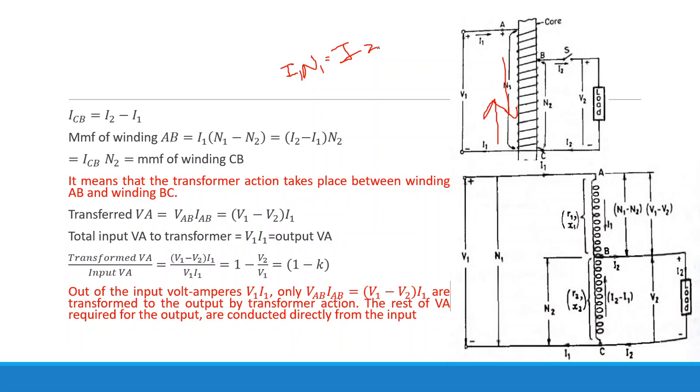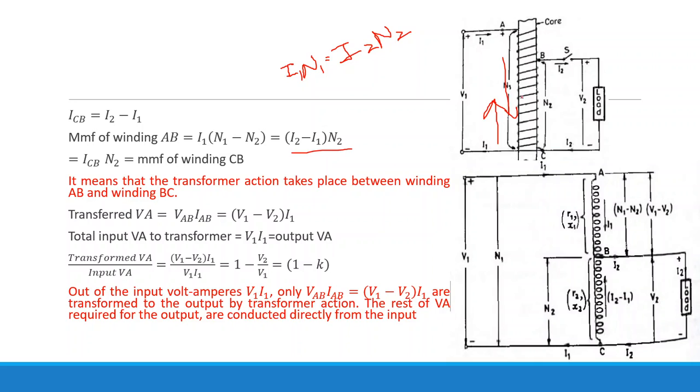So considering this, you can rewrite this expression in this form, I2 minus I1 into N2. So what is I2 minus I1? It is nothing but the current ICB, which is flowing here from C to B. So ICB into N2.